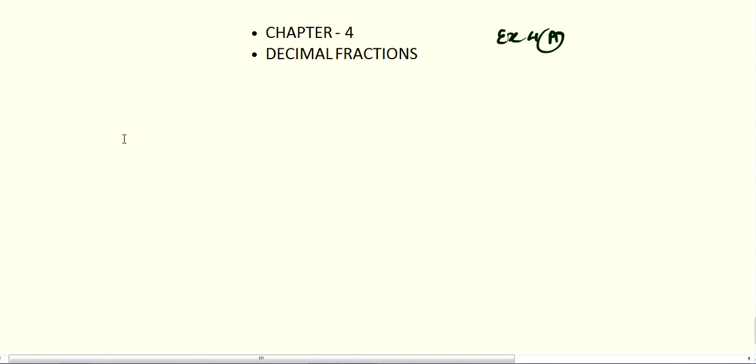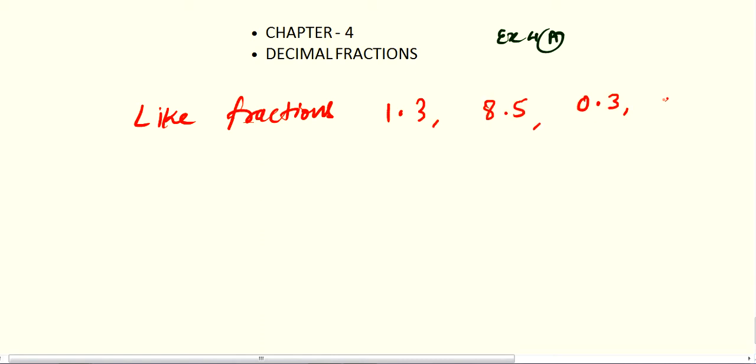convert the given fractions into like fractions. Before that, like fractions you know very well. What does like fraction mean? After decimal you will have the same number of places.